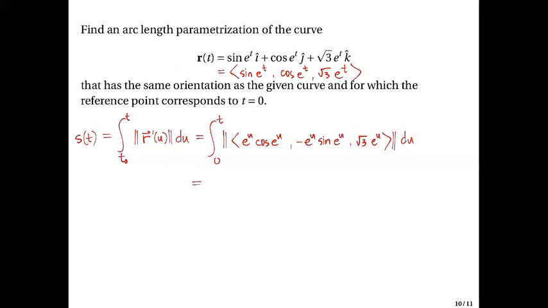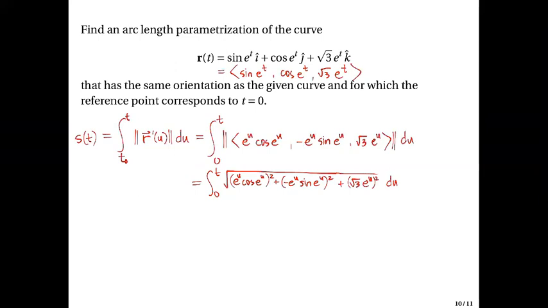So we have the integral from 0 to t of the square root of e to the u cosine e to the u squared plus minus e to the u sine e to the u squared plus square root of 3 e to the u quantity squared, and then du.